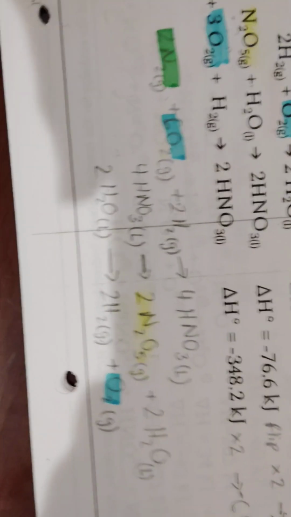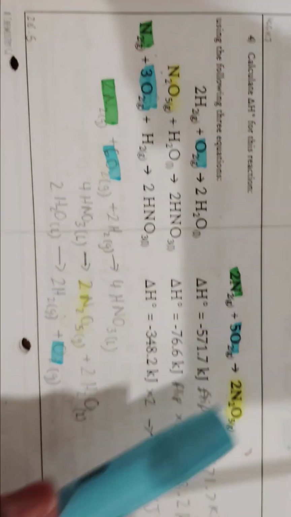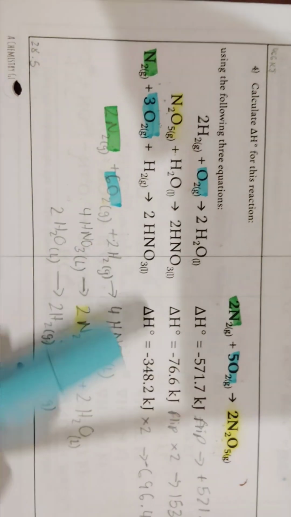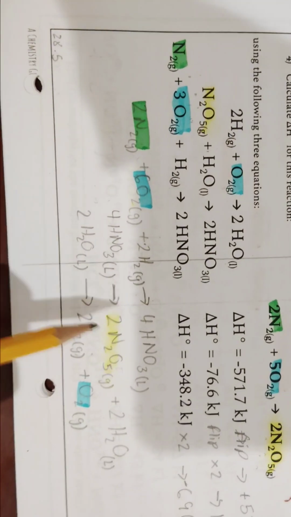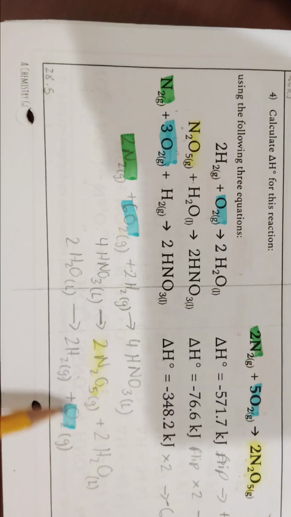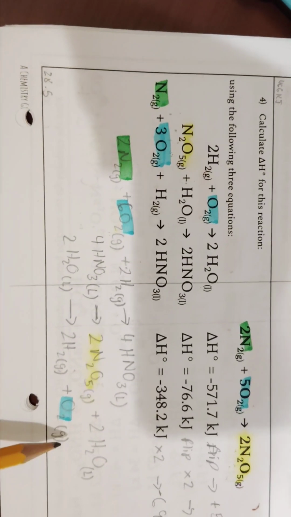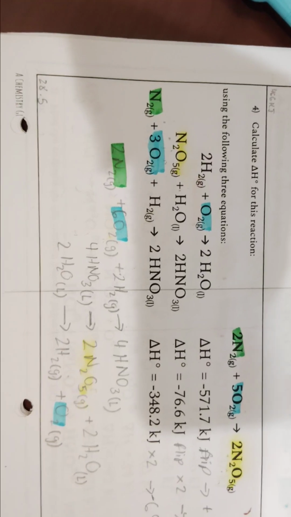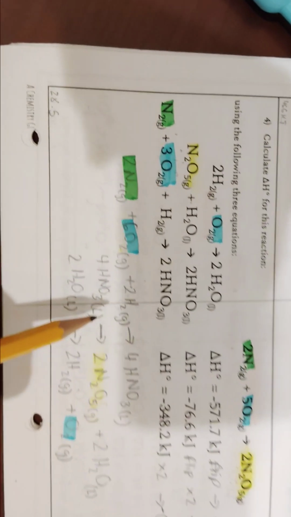We highlighted the things that we have up here, down here now in the corresponding colors. Now we're going to do a little bit of subtraction. Since we have the same elements, same subscripts, and they're in the same state of matter, we can subtract them.